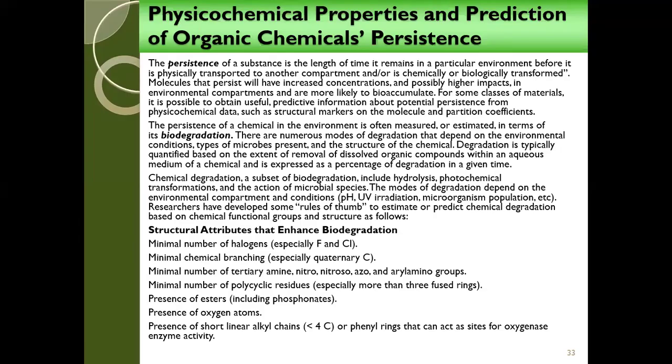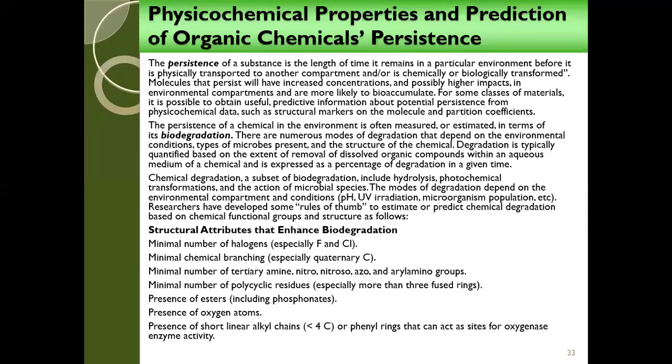These are the attributes that, when a chemical has them, it can be easily biodegraded, like a minimal number of halogens, especially fluorine and chlorine. If you have a chemical that has a minimal number of fluorine and chlorine, then it is likely that it can be easily degraded. You have the one that has minimal chemical branches.